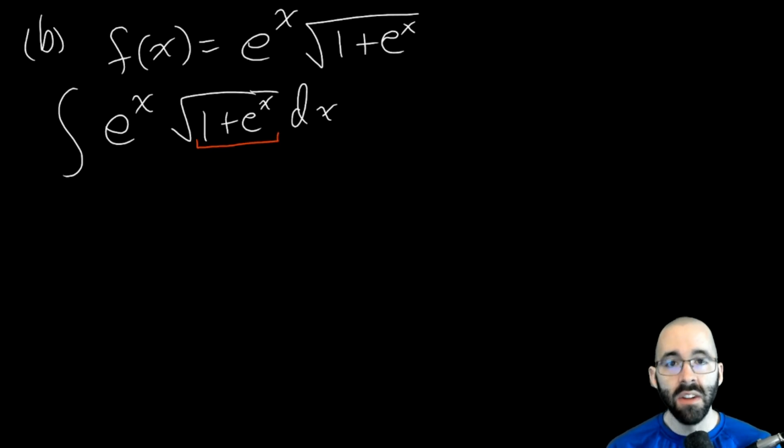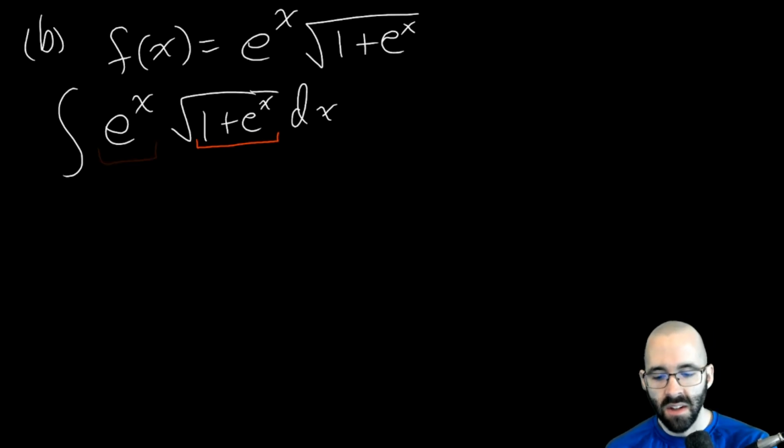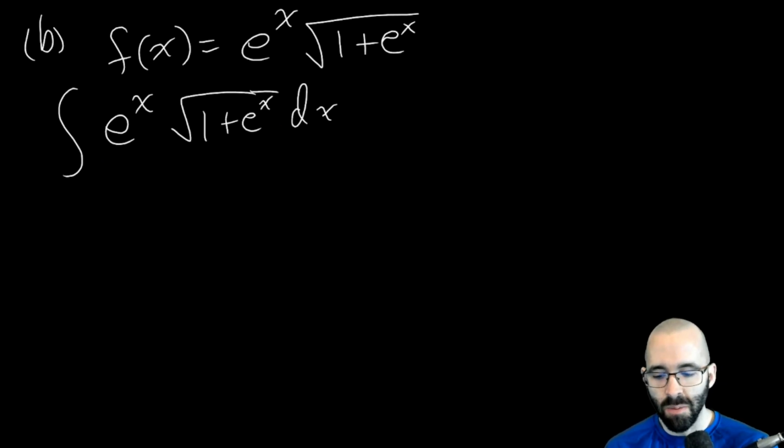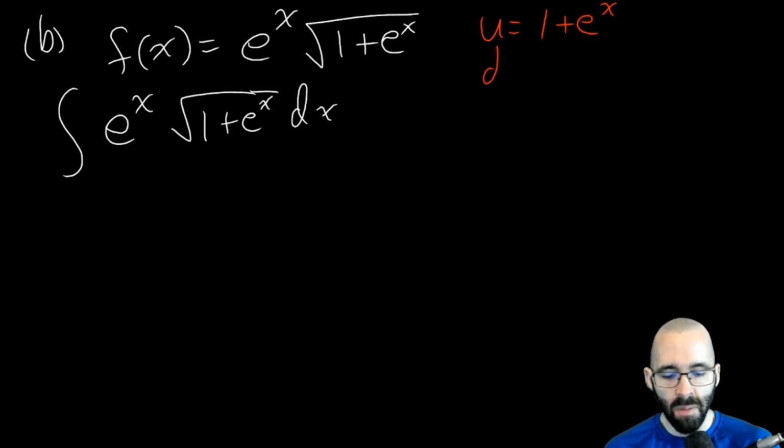This is our inside function. What's the derivative of that inside function? e to the x. This is exactly what we want out of u subs: a function on the inside where if we take the derivative of this thing, we get something that's already on the outside. That's the perfect situation. So this looks very promising to use a u sub.